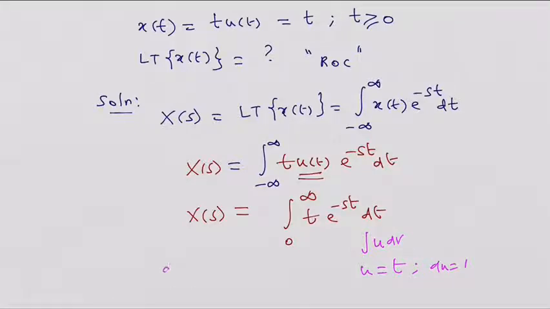Similarly, what is considered to be dv? I just take this as e power minus st. So v will be, by integrating both sides of this assumption, e power minus st divided by minus s, isn't it? So with these two assumptions, let me rearrange this expression.